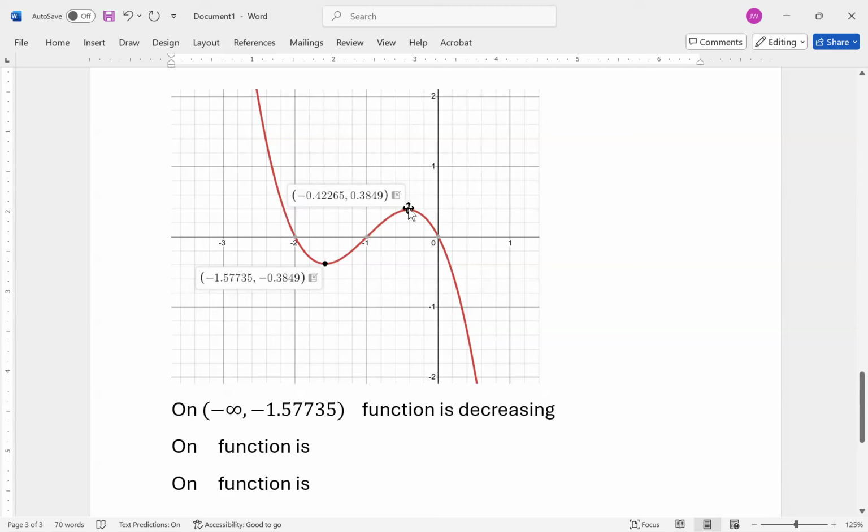And they increase up until I hit this point of negative 0.42 roughly. So on the interval from roughly negative 1.57735 up to negative 0.42265, the function is increasing.